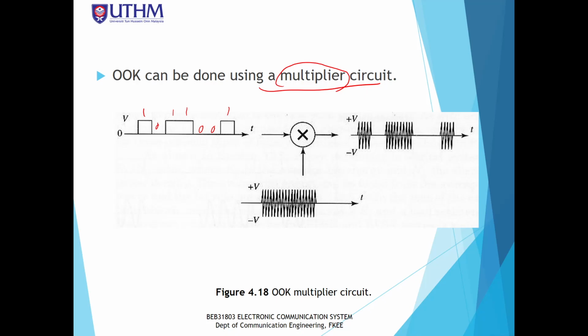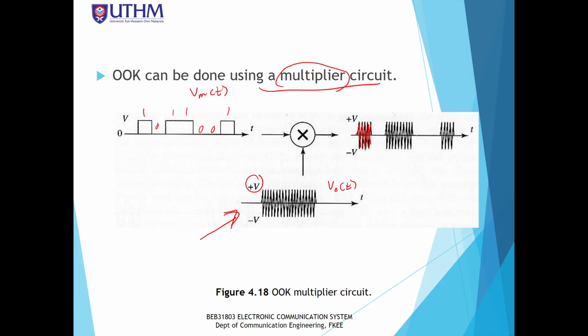In the picture below, it shows the carrier, which is Vc(t), and this is Vm(t), the input. The input is Vm(t), the carrier is Vc(t), and then we do the multiplication process. When the input is logic 1, 1 multiplied with this voltage produces a signal similar to the carrier.